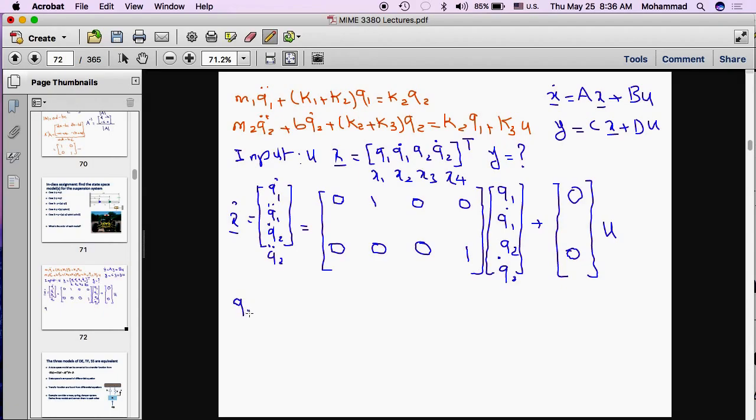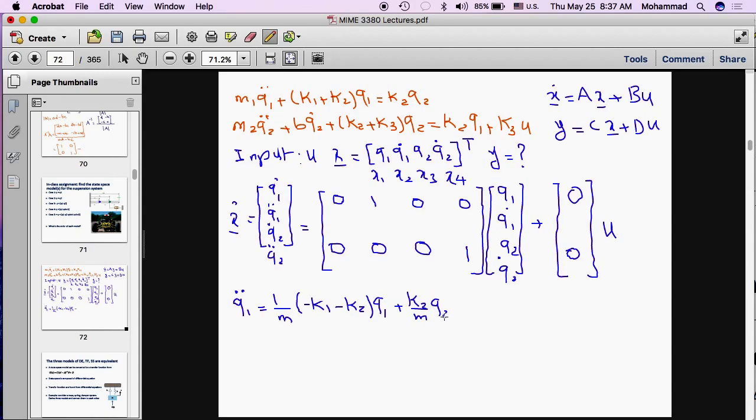So Q1 double dot is equal to 1 over m, and I'll take the terms from the left to the right. So 1 multiplied by m times minus k1 minus k2 times q1 plus k2 divided by m times q2.